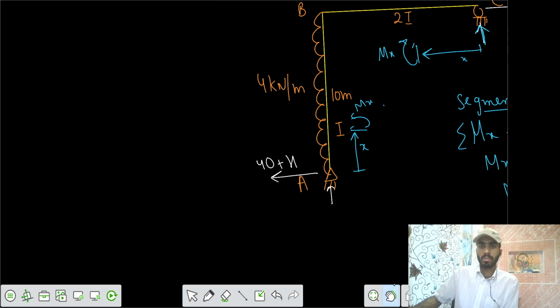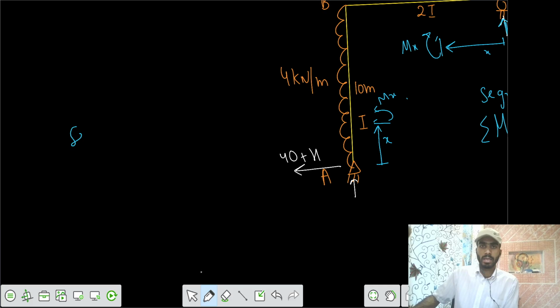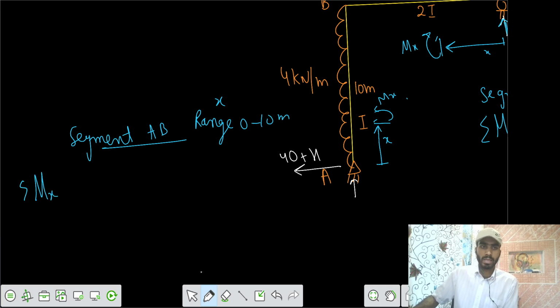Similarly, we can get in the segment AB. Range of the X is from 0 to 10 meter. So we can write summation of moments at any X equals to 0.